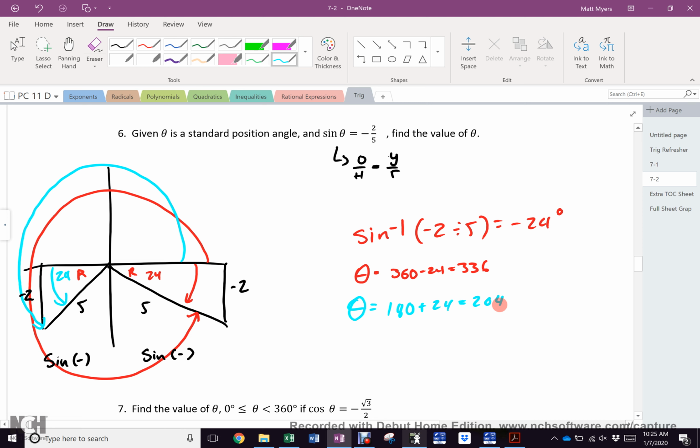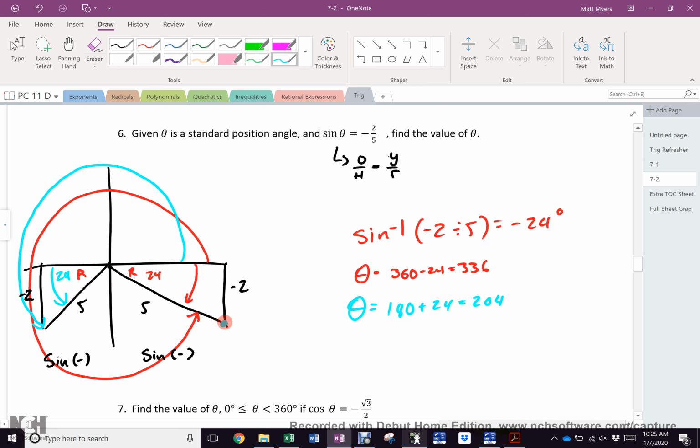So we didn't have enough information to find one specific angle, did we? There's two answers to this question. It's ambiguous. We don't know what theta we are seeking. Everybody cool? Everybody good? All right.